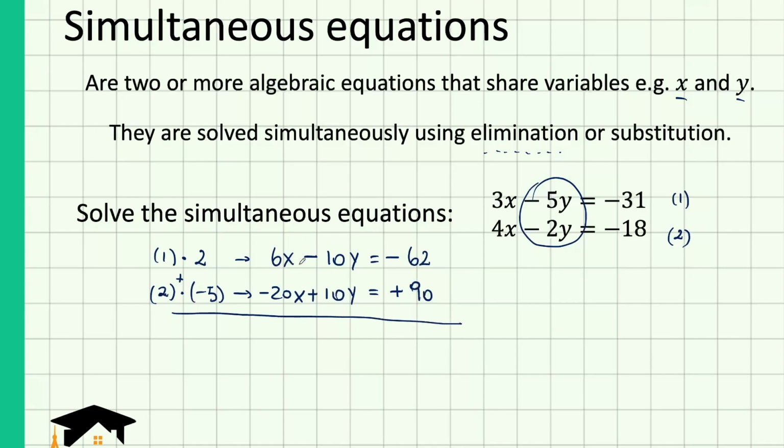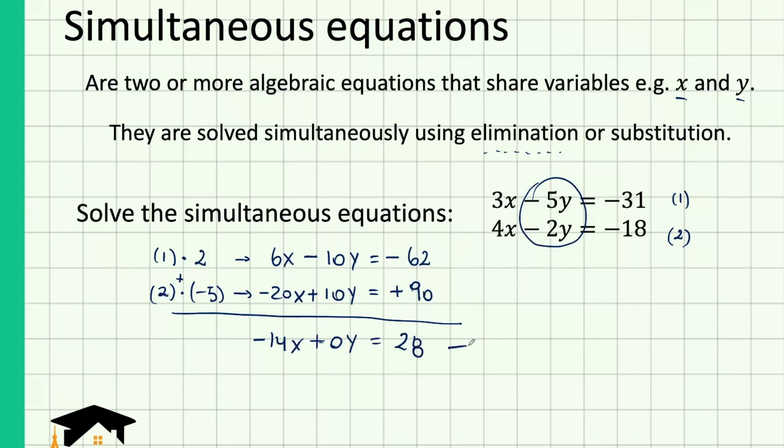And this will give us 6x minus 20x. This is minus 14x. Now we have minus 10y plus 10y. This is 0y. And then minus 62 plus 90. This is 28.